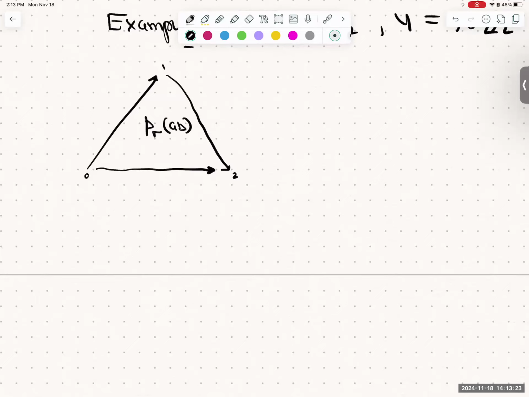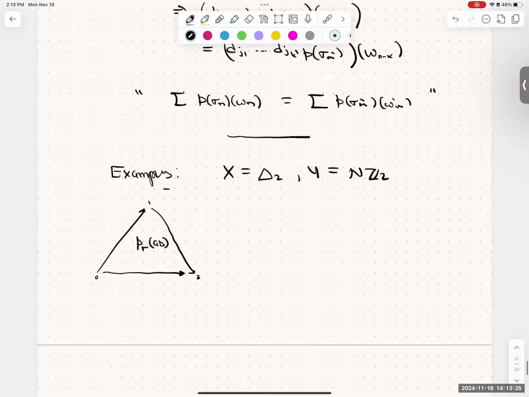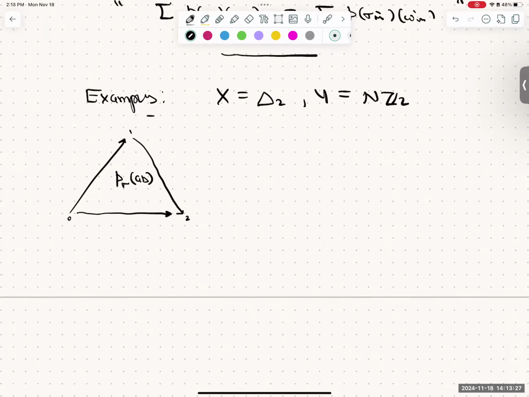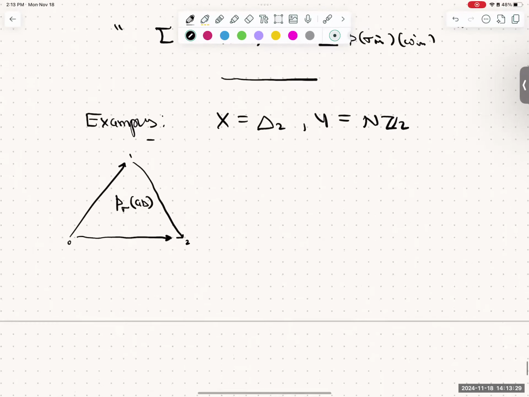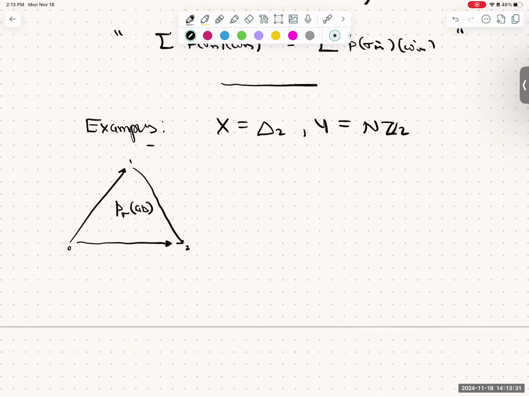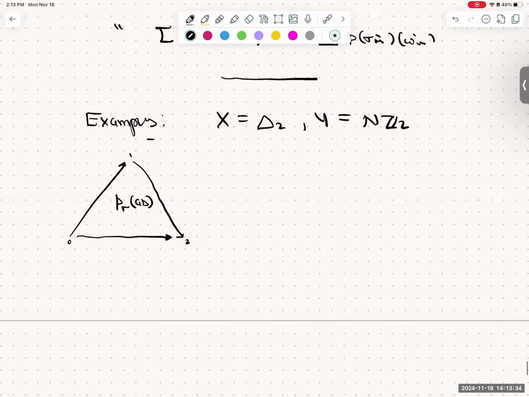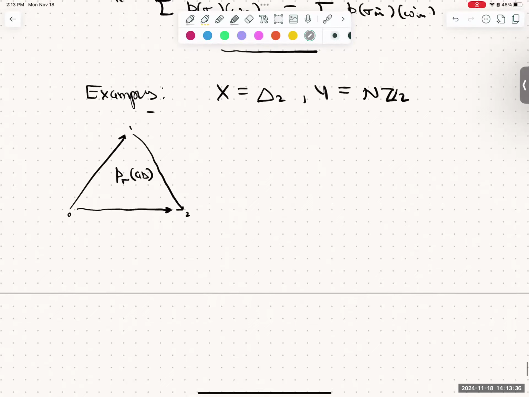A, B are going to be my bits, so my distribution here will be over Z2 squared, because there's just one generating simplex, the 2 simplex. And what does the polytope look like for this?